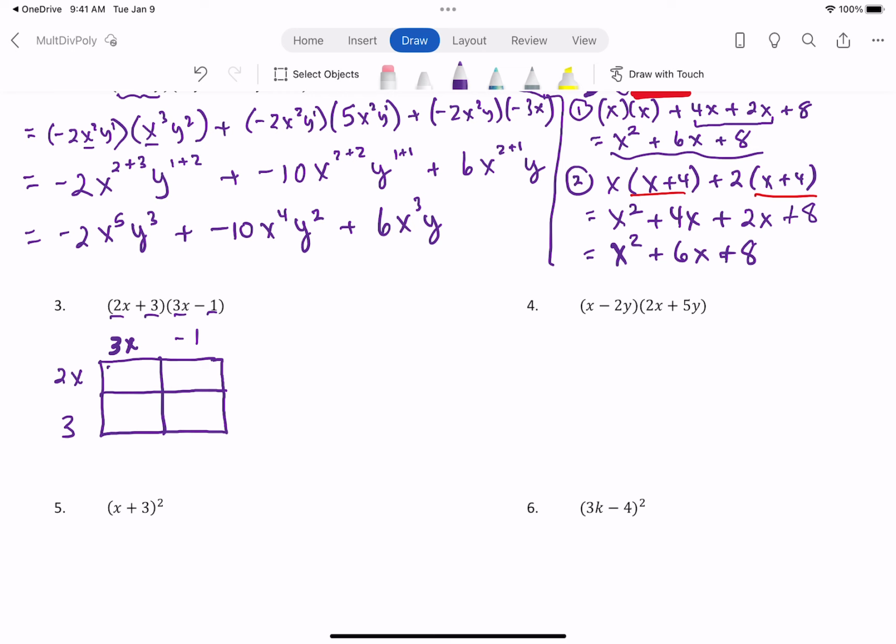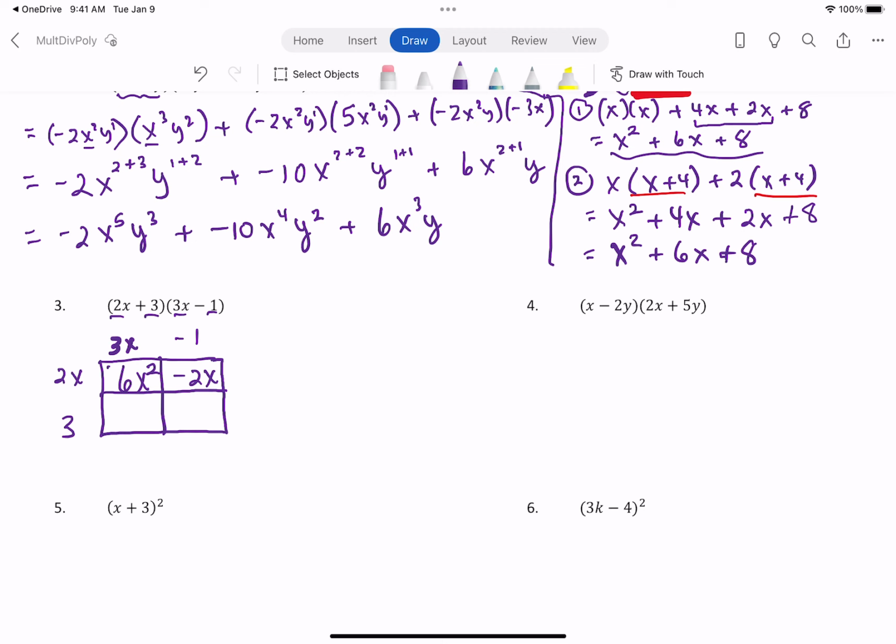So this first one here is 2x times 3x. So we know 2 times 3 is 6. That's x to the first times x to the first. That gives me x squared. For the second box, it's going to be 2x times the negative 1. So that's just going to leave me with negative 2x.